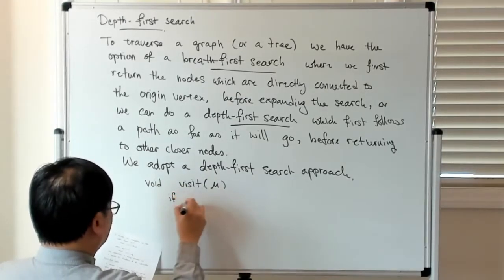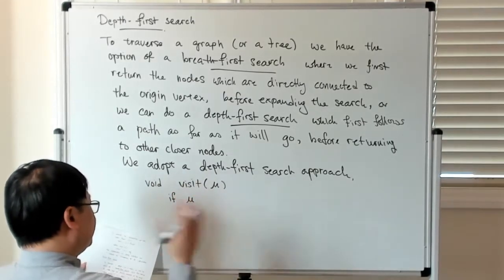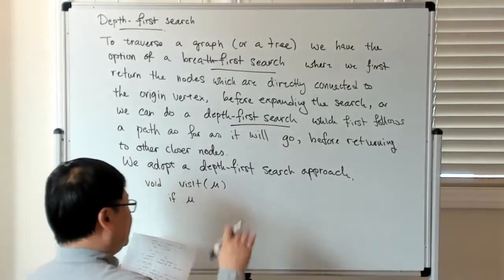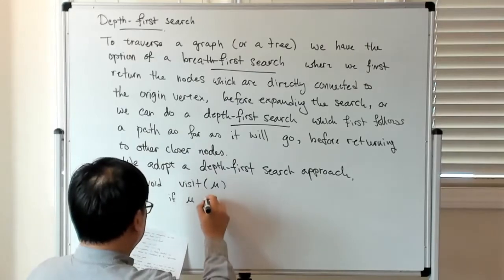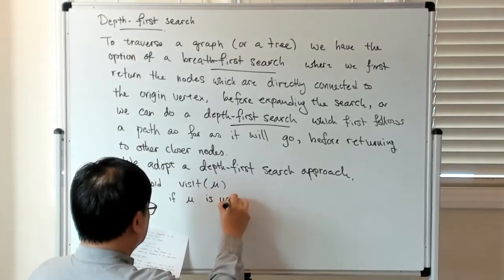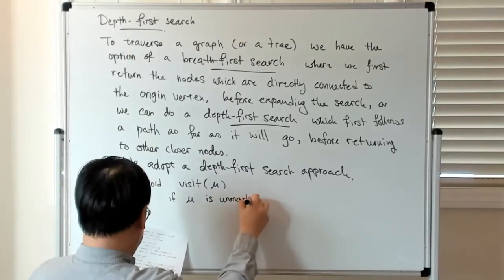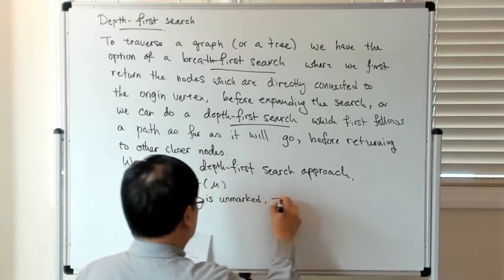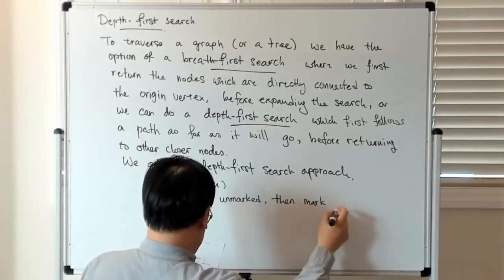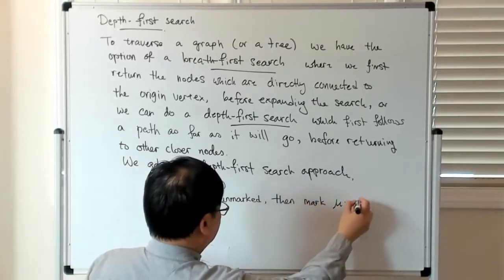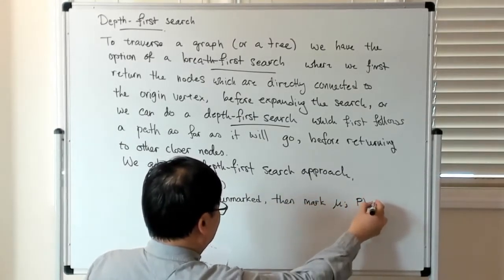First you initialize it by making all unmarked. So if mu is unmarked, then you mark mu, and then you do some procedure which I label P1.